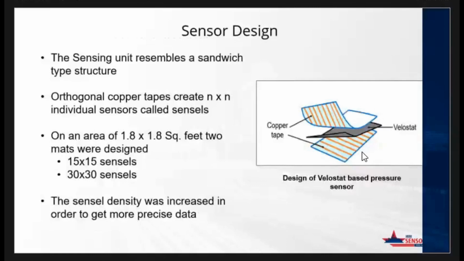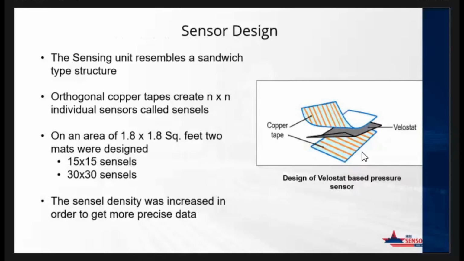The sensor is designed using Velostat sandwiched between two orthogonal copper linings. These copper lining endings can be connected to a microcontroller, as I'll show in the next slide, to sense the change in voltage caused by change in resistance.